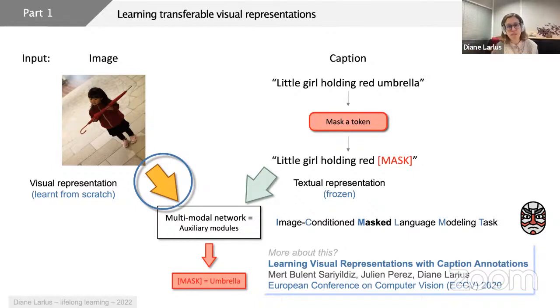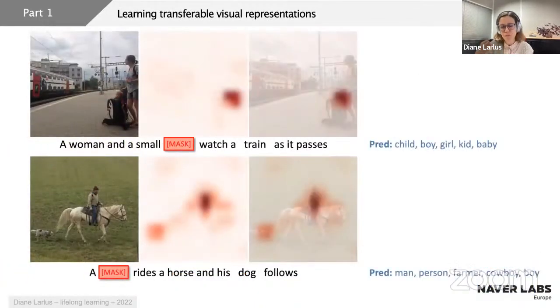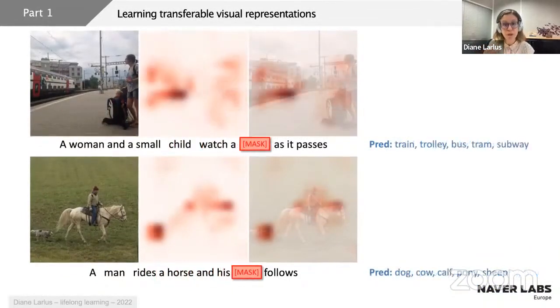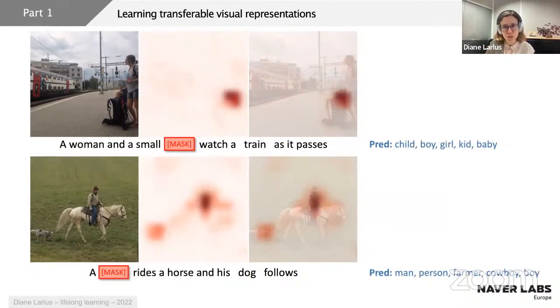So we call this task image conditioned masked language modeling. And I want to show you what is captured by the different visual representation here. So those are visual attention maps that are produced by our model for a given image caption pair, as we mask different tokens in the caption. So you can see that the model can attend to different image regions depending on the masked token.